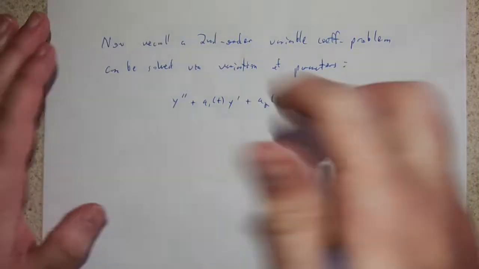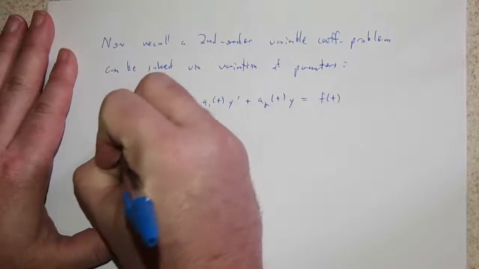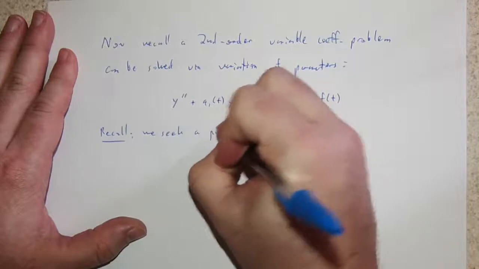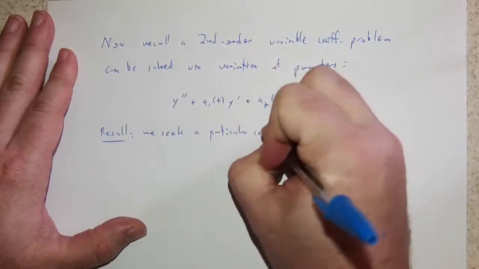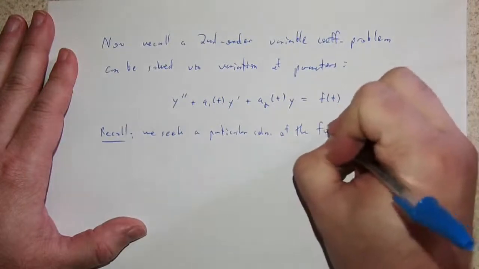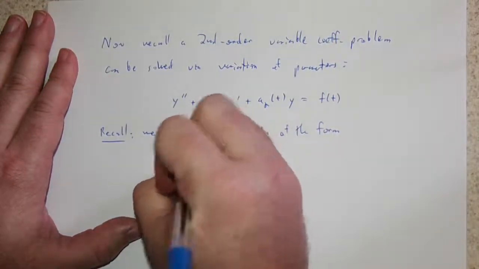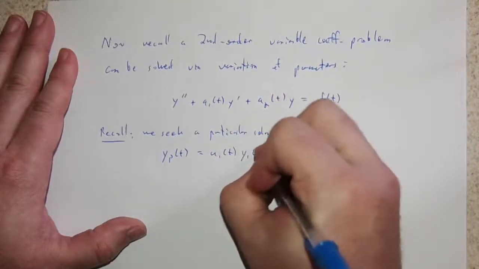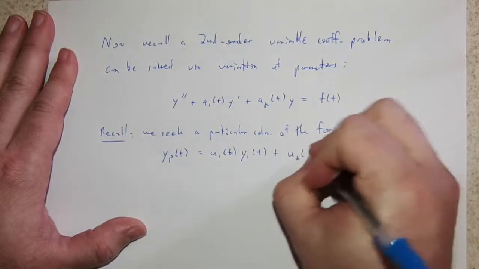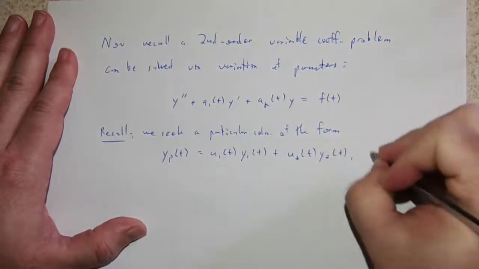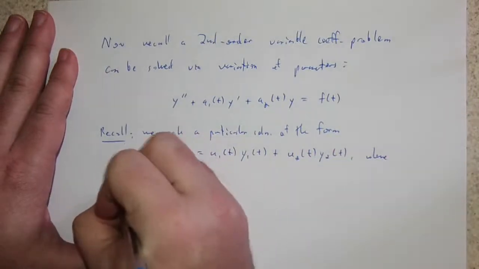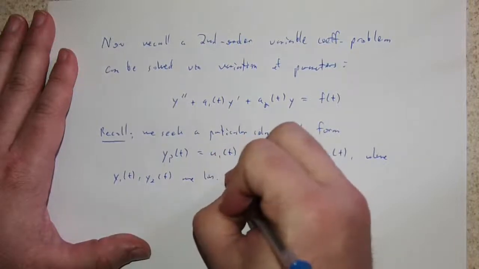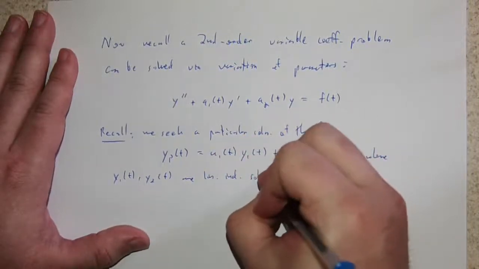Okay, so recall, this is just a refresher, we seek a particular solution of the form y_p of t is u1 of t y1 of t plus u2 of t y2 of t, where y1 of t and y2 of t are linearly independent solutions, or a fundamental solution set.